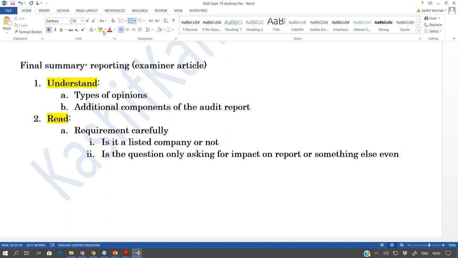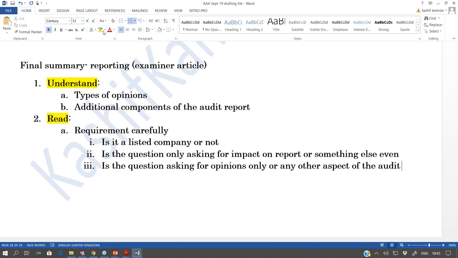Number three, is the question asking for opinions only or any other aspect of the audit report, like CAM, like emphasis of matter paragraph, like other matter paragraph? So is it essential to read the requirements carefully for 1, 2, 3?